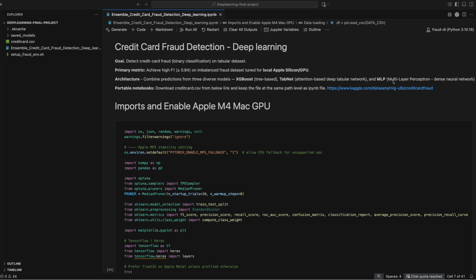And then we have a multi-layer perceptron dense neural network. So what we are doing is ensembling, that is, we are actually combining all these three models to predict whether the transaction is fraud or not. I'm going to walk you through why I have used these three models and why I'm combining them together to get the best accuracy and results.